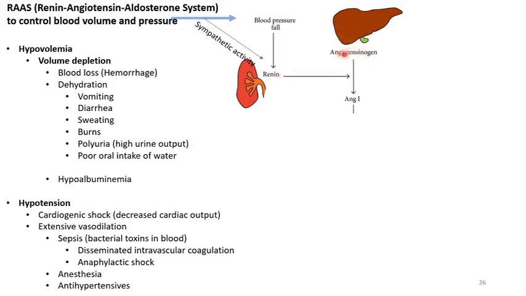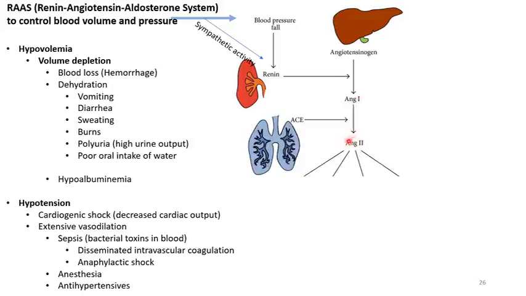Normally in the circulation, the plasma, we have angiotensinogen. Renin converts this protein into angiotensin 1. Angiotensin 1 is converted to angiotensin 2 in the lungs by an enzyme known as angiotensin converting enzyme.